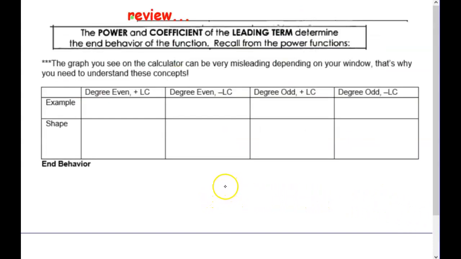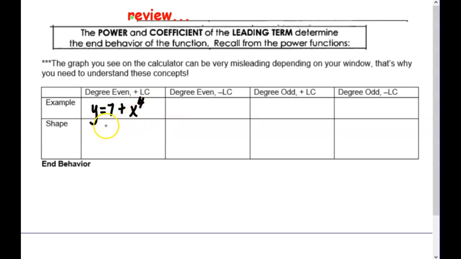All right, this is also review. The power and the leading coefficient of the leading term determines the end behavior of the function, okay? So if we have an even degree with a positive leading coefficient, for example, y equals 7 plus x to the fourth. Does everybody understand that this is a leading coefficient of 1 in degree 4, even though it's not written in the right order?